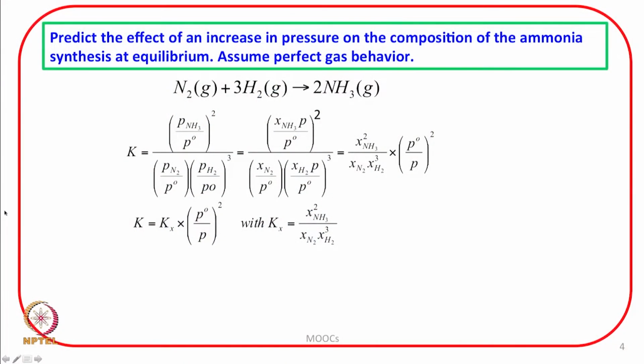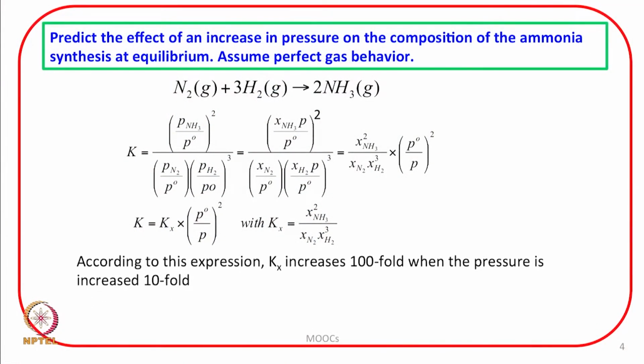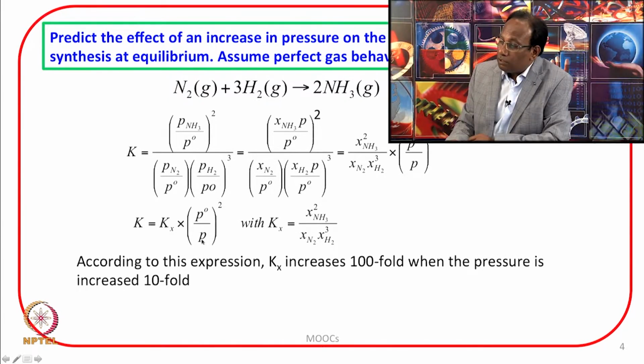Now, if we look at the slide, according to this equation, if I increase the pressure 10 times, since Kx does not depend on pressure, K is a constant at a given temperature, P will go on the other side and it goes as a square.